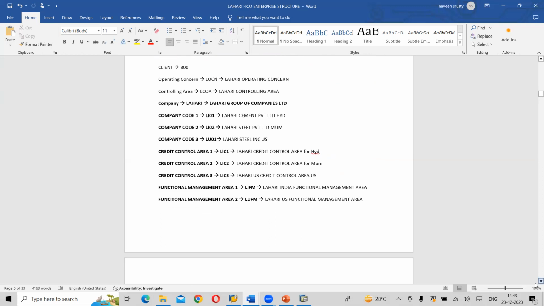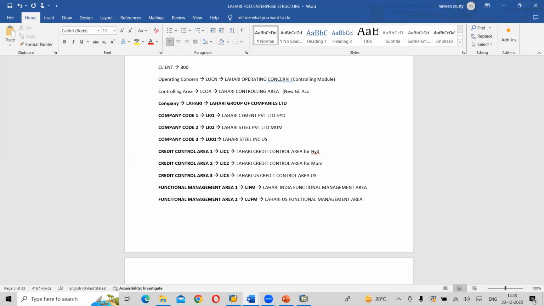Why I'm asking you to write it down is that if I share it, it will not be handy in the initial stages. So this LOCN is related to the controlling module. We will see it in the controlling module, not right now. Next one, this is in new GL accounting.